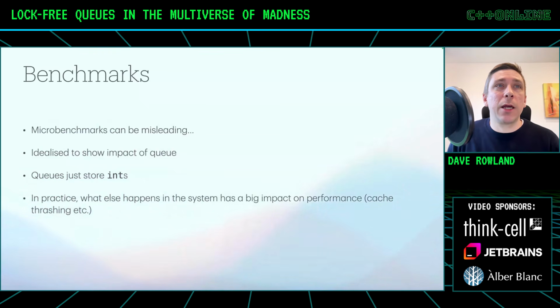In practice, depending on what you're doing with that information, the item that you popped off or pushed on, what was generating that item, and what else is going on in your system, has a big impact on performance. It could be that something else is completely trashing your cache the next time you come around to use that queue.